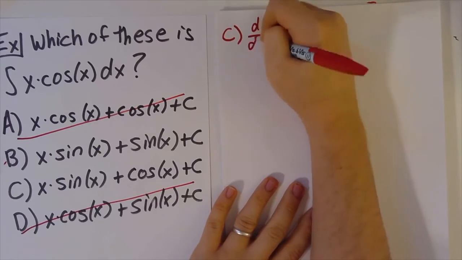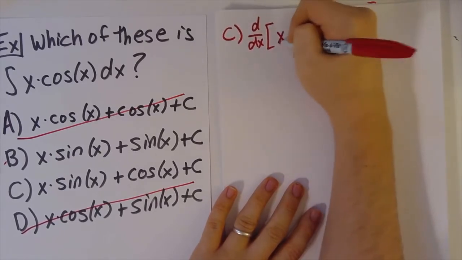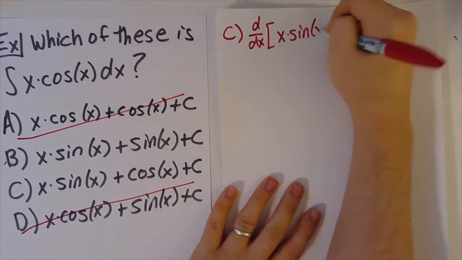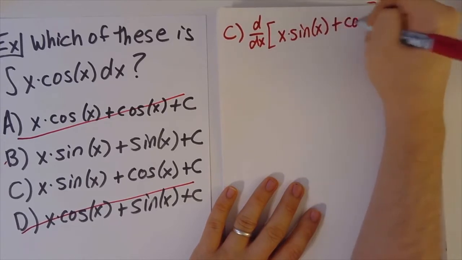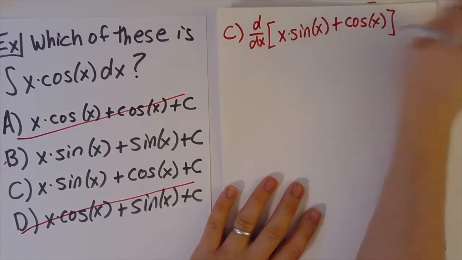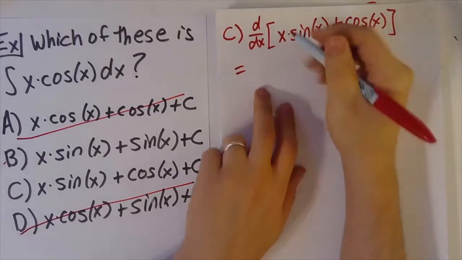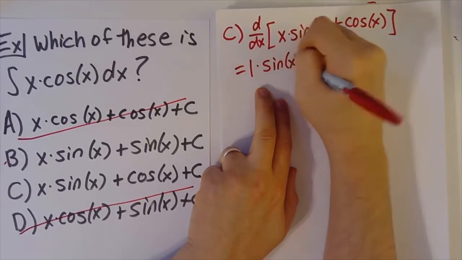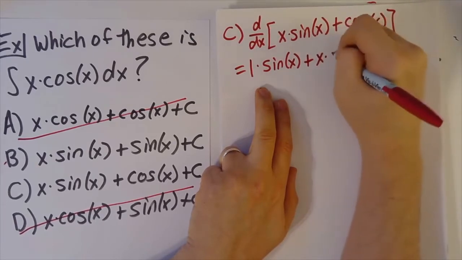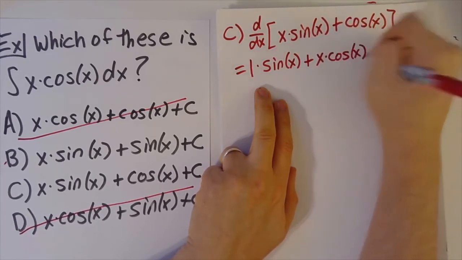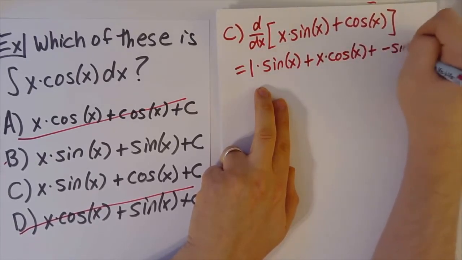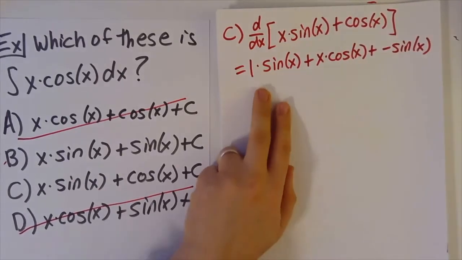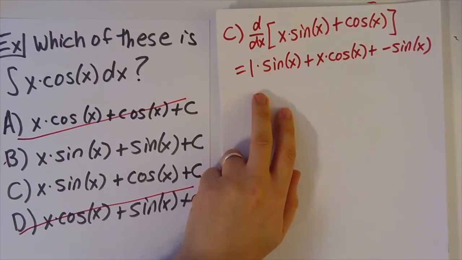Okay, so let's take the derivative of x times sine of x plus cosine of x. Okay, and so the product rule is going to tell me 1 times the sine of x plus x times the cosine of x plus minus sine of x. Hey, would you look at that?